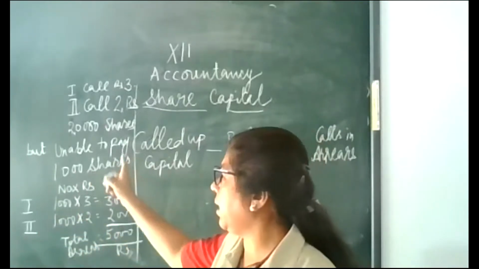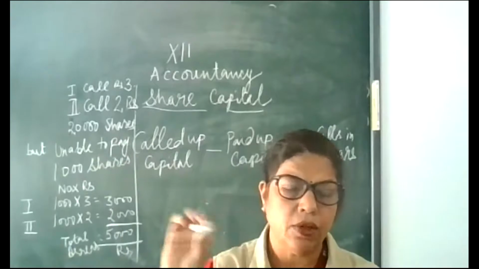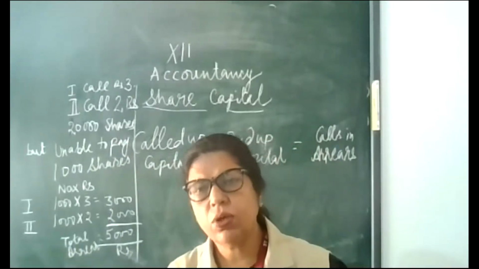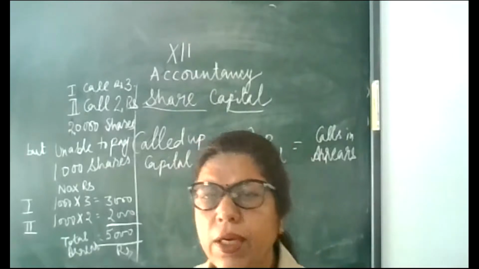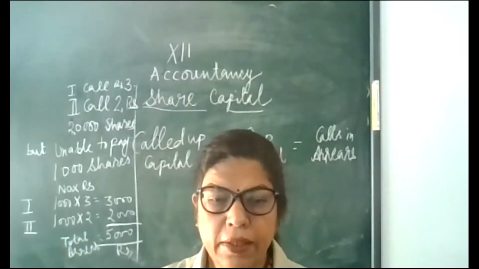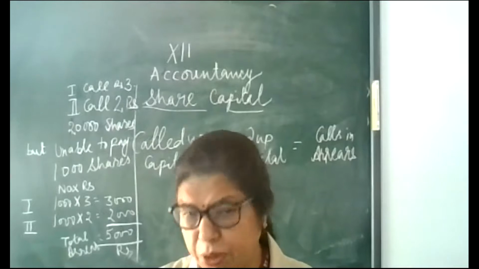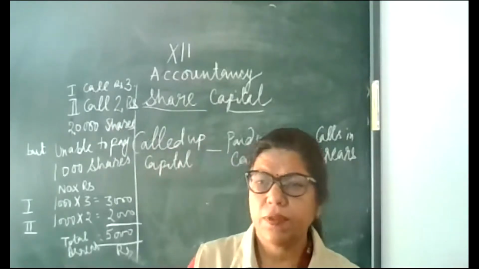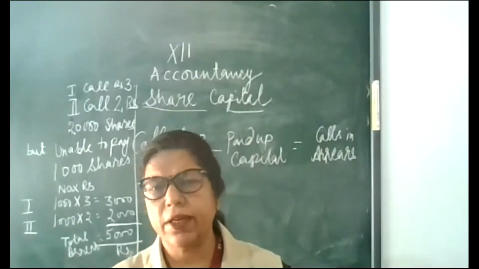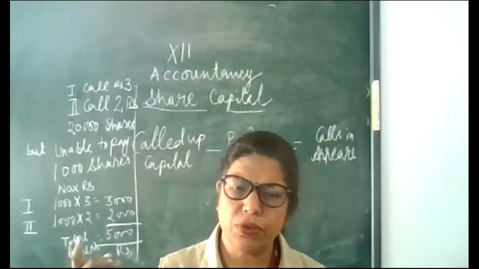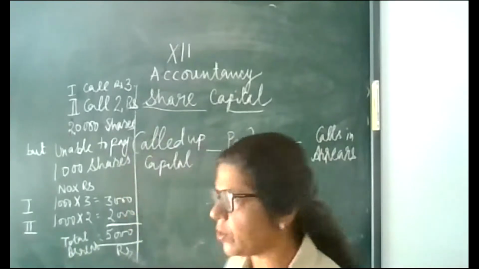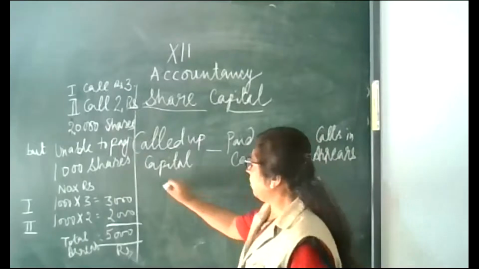This is the arrears by 1,000 shareholders. Now, I am going to give you another question where arrears are by many persons. See, in real life, it is not true that arrears are by one person only. It can be by various persons.